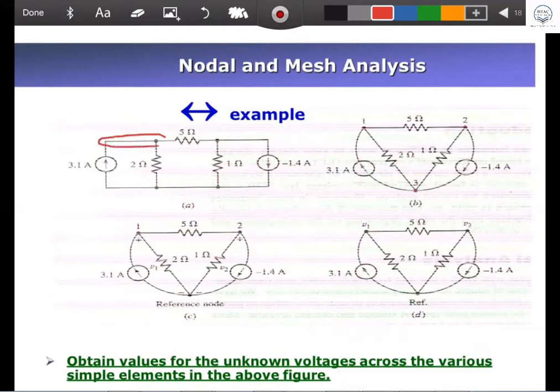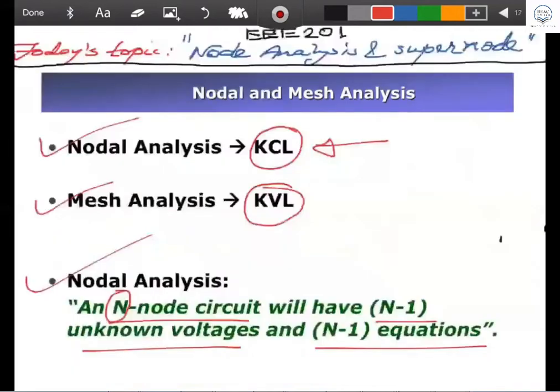One node is here, another node is here, and another node is here. This is node 2, and this is node 3. So the number n is 3 in that circuit.